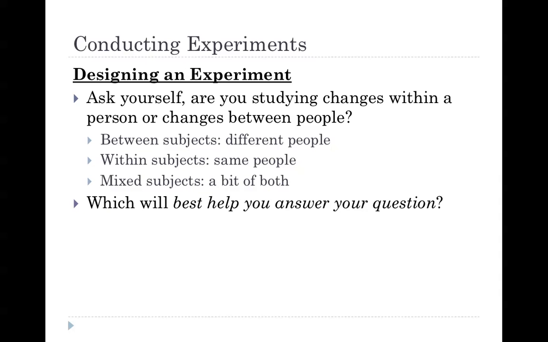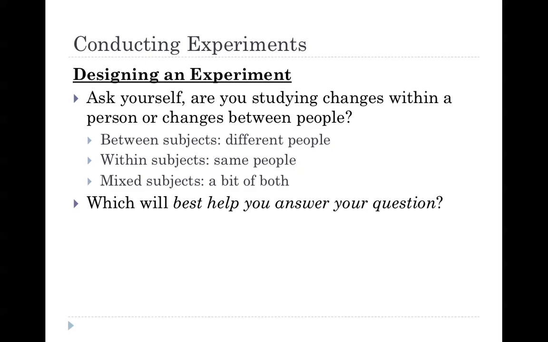And the last consideration before we dive into conducting the experiment is how we are actually designing it. And this deals with a lot of stuff we went over in Chapter 8. So when deciding what kind of design you want to use, whether it's between subjects or within subjects, you need to ask yourselves, are you seeing changes within a person or changes between people?